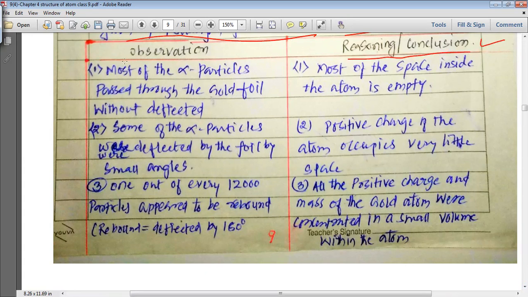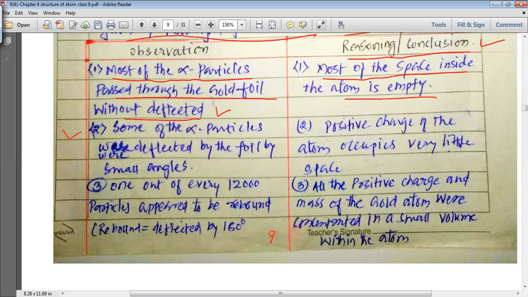So the first observation was, most of the alpha particles passed through the gold foil without being deflected. What do we understand? We understand that most of the space inside the atom is empty. So when these particles fall on the atom, there is nothing to stop them, and that is why they pass through in a straight line.